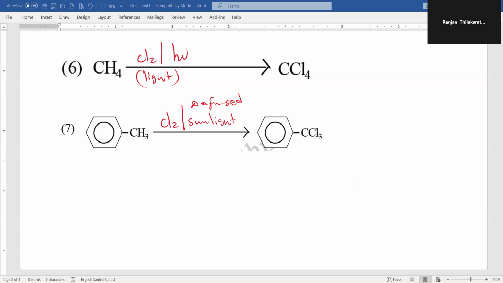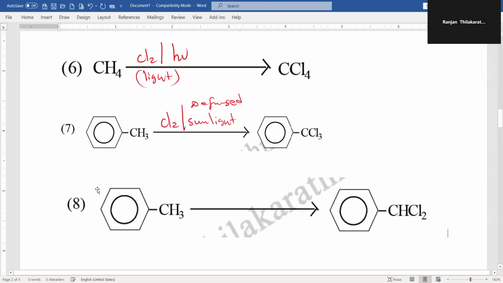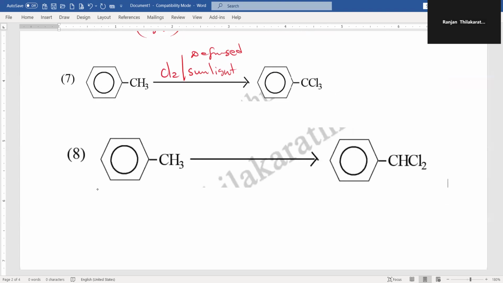Then the eighth one. Here you have to add only 2 Cl2. Actually, these reactions are not as easy as we write. But anyhow, you can get some of the CHCl2 product. If you try in this way, you have to use 2 moles of Cl2 with diffuse sunlight.